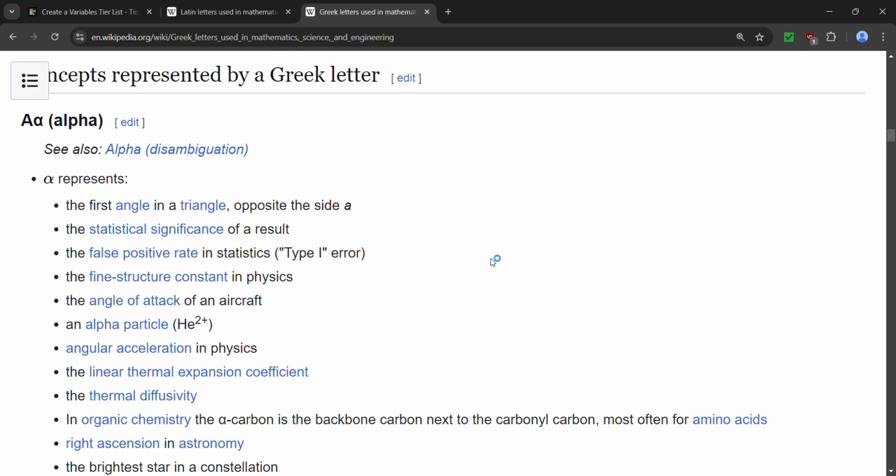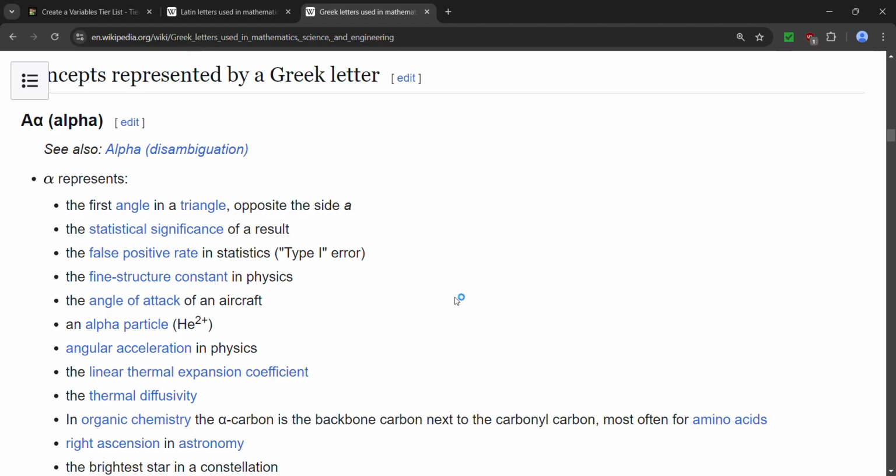Okay, here we go. Alpha, right? First angle, okay, false positive rate. Got it. Angle of attack. I'm kind of liking even the ones that I'm not really familiar with here. I am kind of liking them. Angle of attack is interesting. Fine structure constant is interesting.